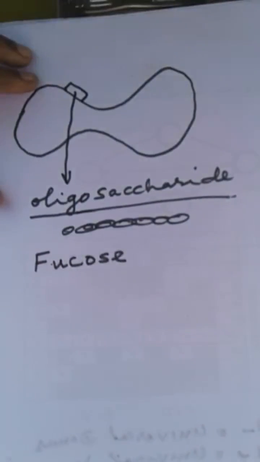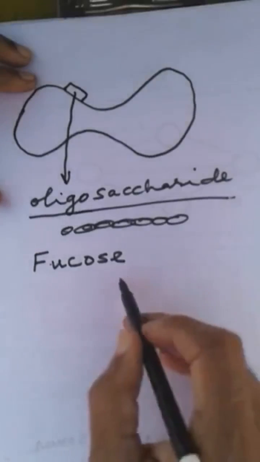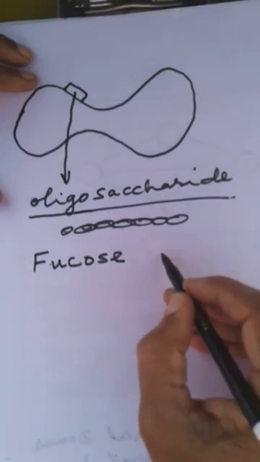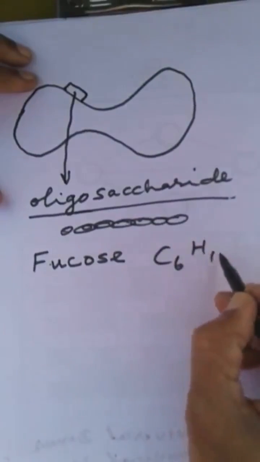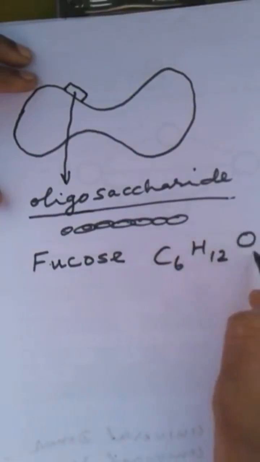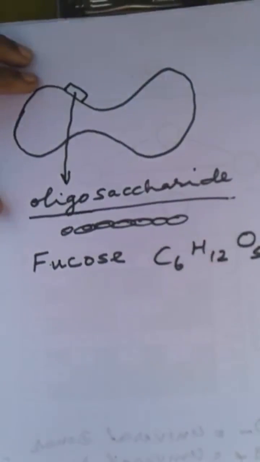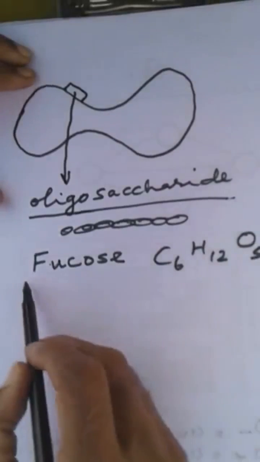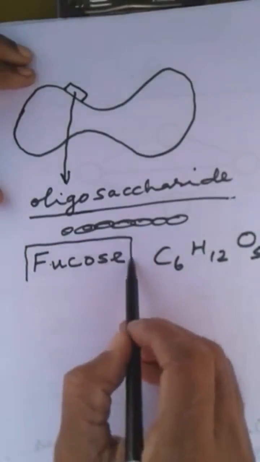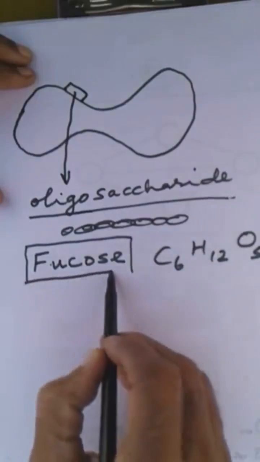Fucose is a cousin of galactose, we can say, because its formula is C6H12O5. If you remove one oxygen from galactose, you will get fucose, a wonderful molecule.